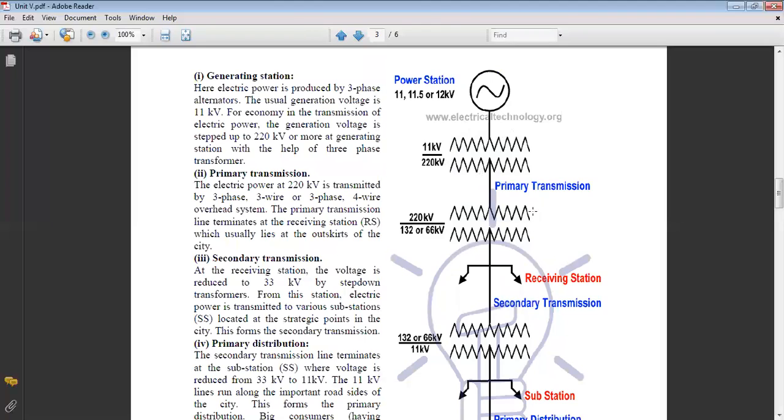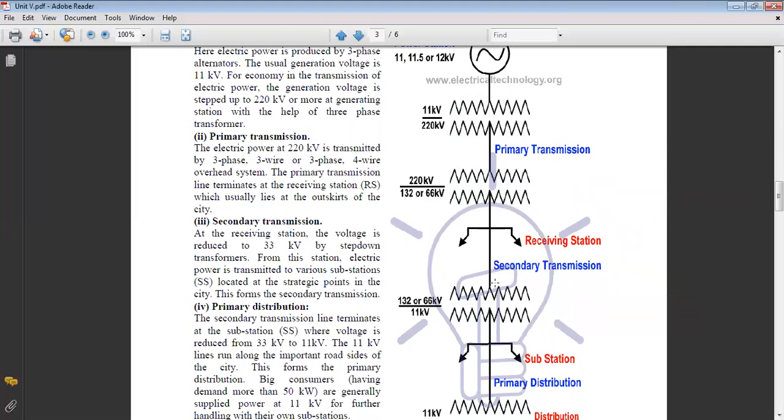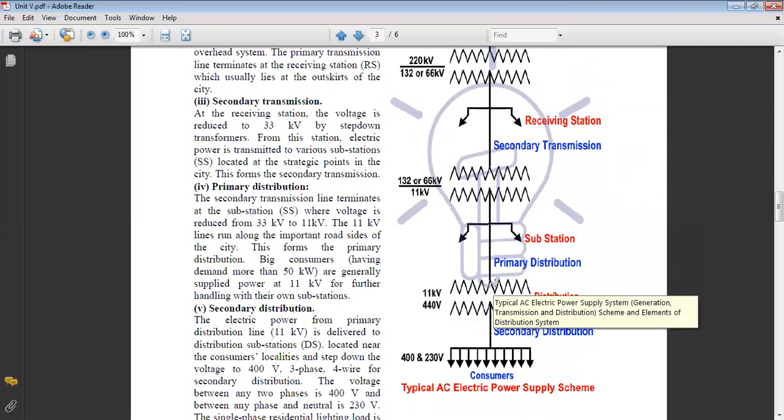This 220 kV will end at the end of primary transmission, and this will be the starting of secondary transmission. So the primary transmission is done in the range of 220 kV. Now the secondary transmission works in the range of 66 or 132 kV. Clear? And after that secondary transmission, it will again step down to 11 kV.